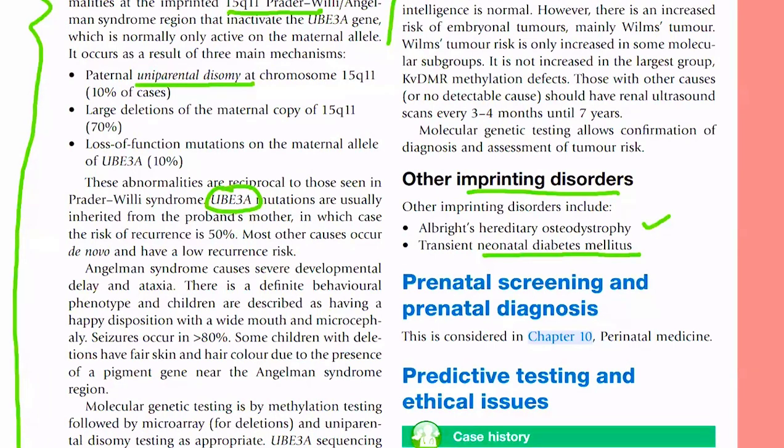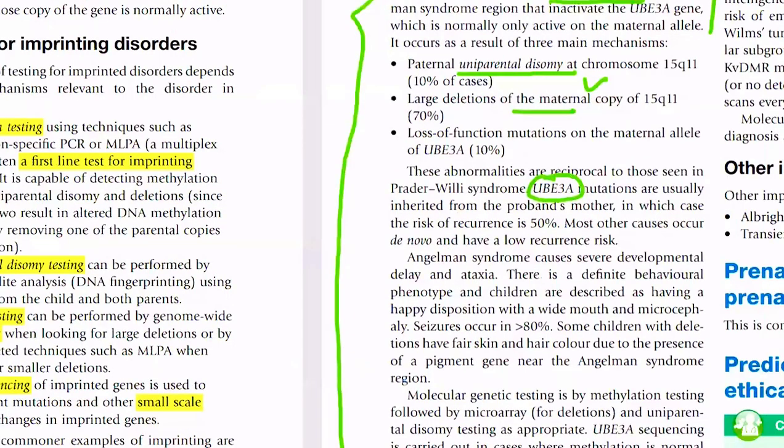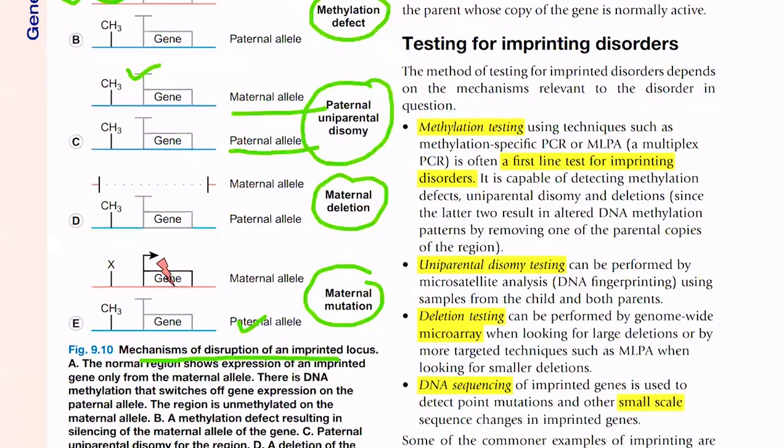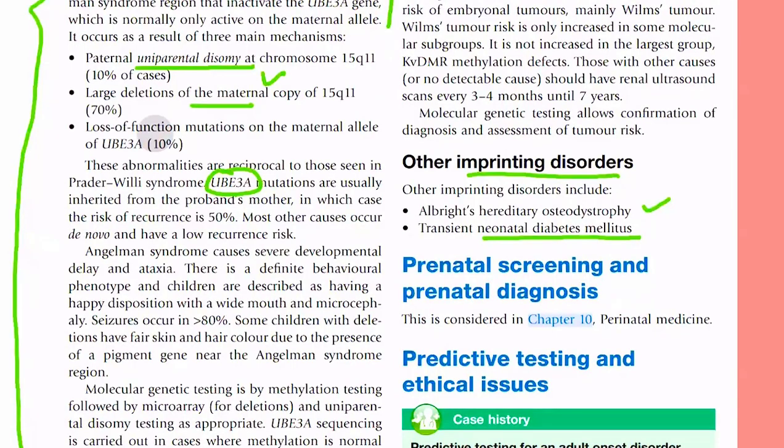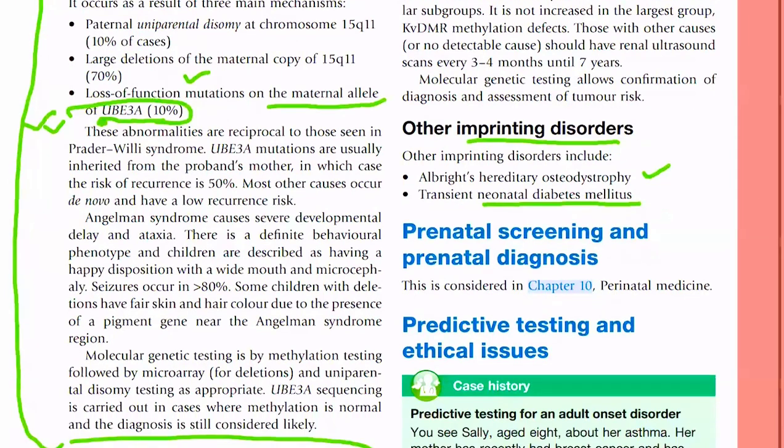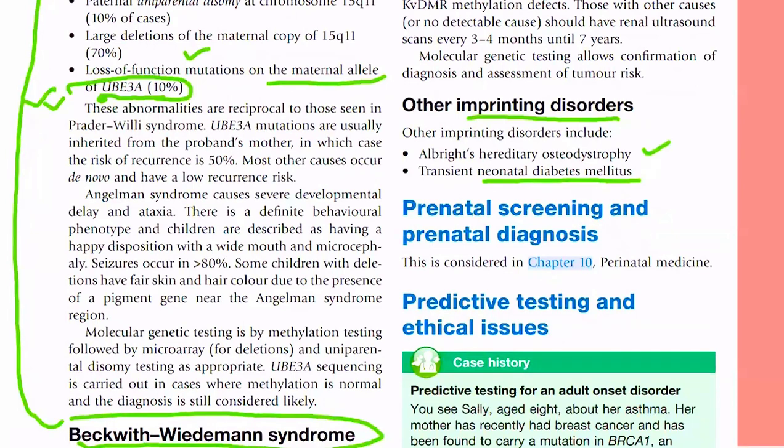Now see here, the defect that was methylation in Prader-Willi syndrome, but in Angelman syndrome, the gene mutation is also known. What is that gene mutation? This is the UBE3A gene mutation: loss of function mutation of the maternal allele of the UBE3A gene. Okay, the third type, recurrence risk. Let us see here.